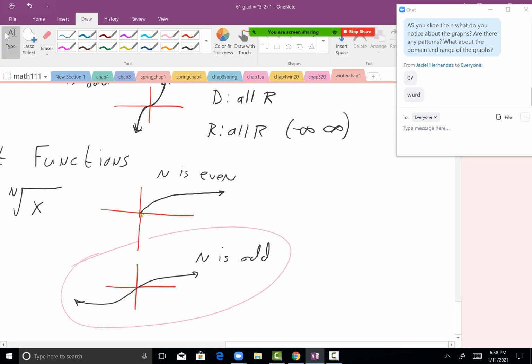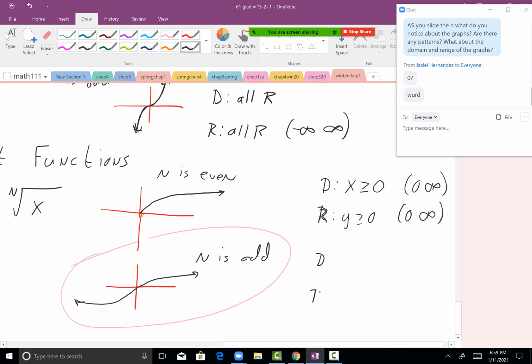All right, cool. So what about the domain and range of these things? Oh, well, the domain is from 0 to forever, and the range is 0 to forever, I guess. Okay, so that's for the evens.